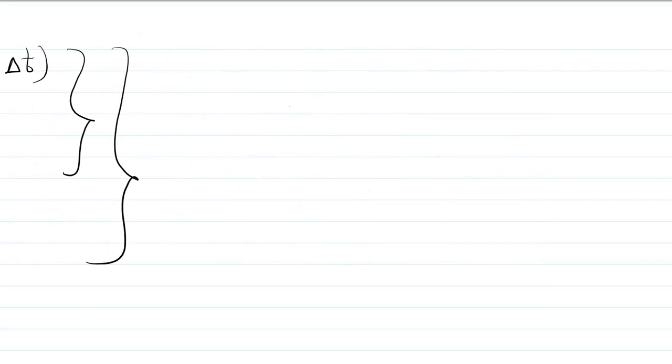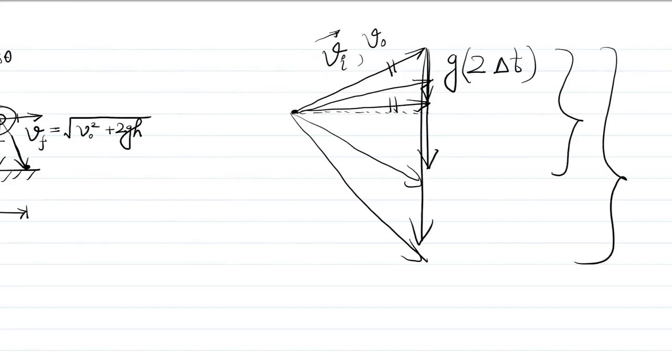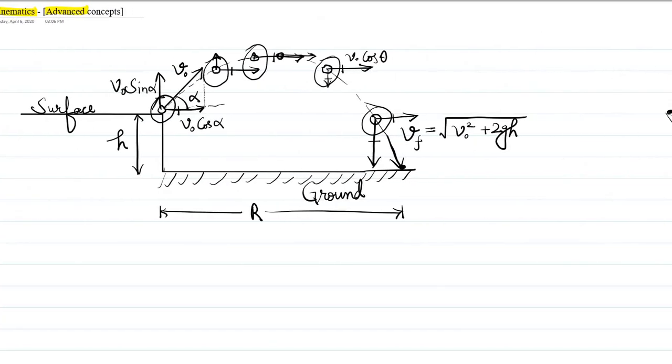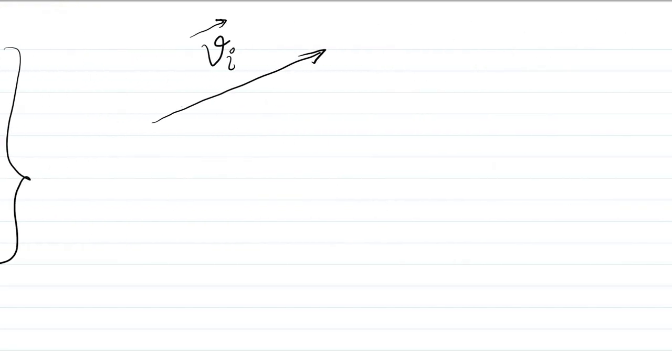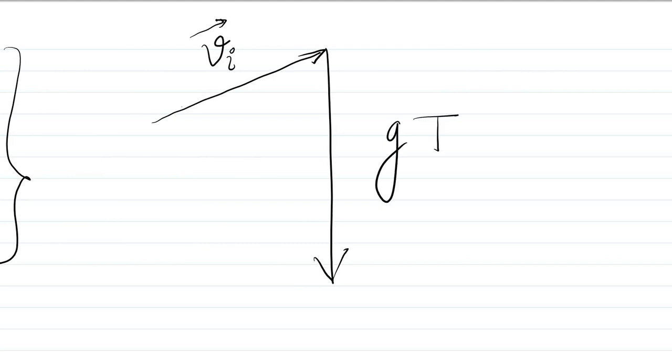So this was the initial velocity vector, vector vi. And suppose in the very first diagram we have time of flight as capital T. So in this new diagram, during the full time of flight T, such is going to be the change in velocity.